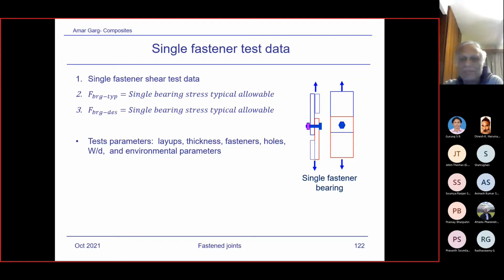And during my lecture on certification, I did discuss the validation of the FEM analysis method by a full component test. I showed one graph where we had to compare the test strains to the FEM strain predictions. And they have to be matched within plus minus 5% according to FAA regulation to validate the model.